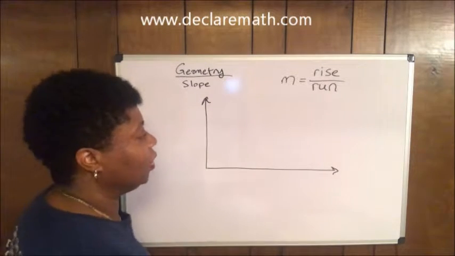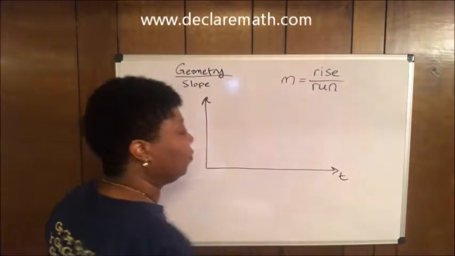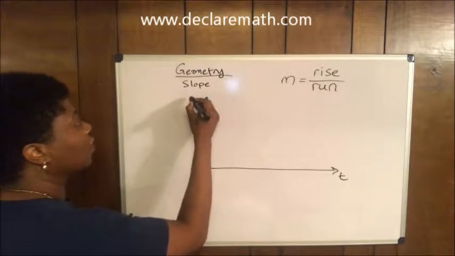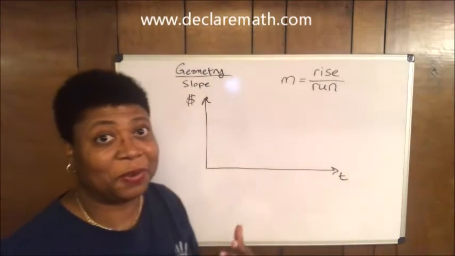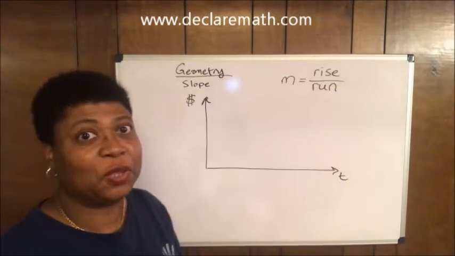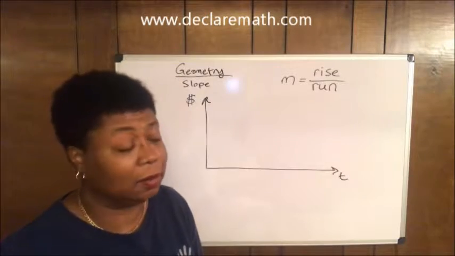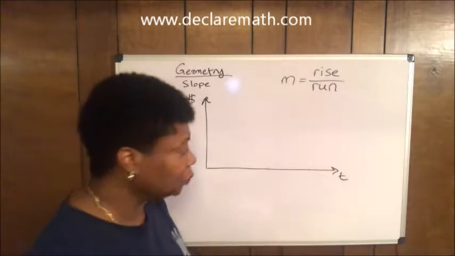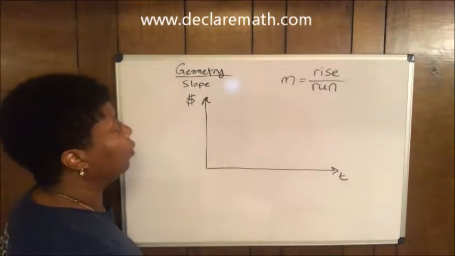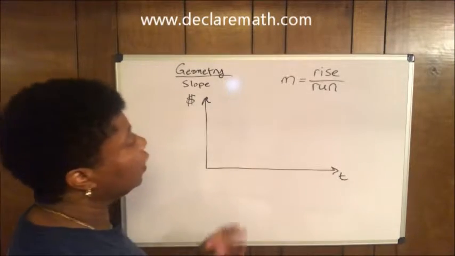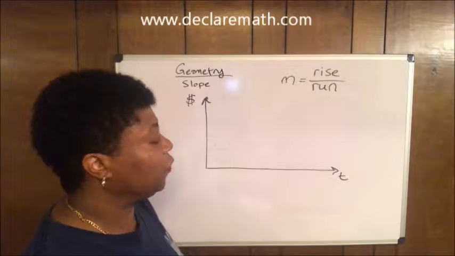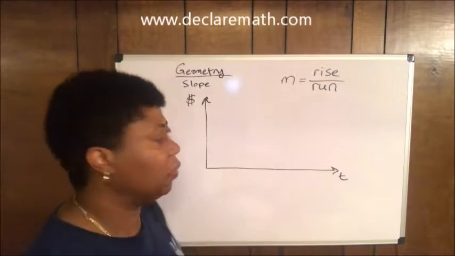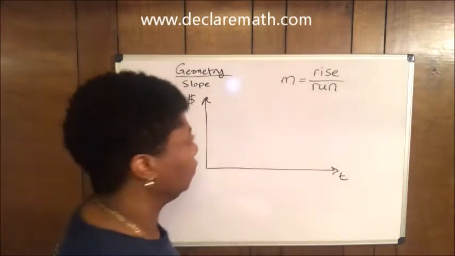Let's call this time, and let's call this money, because we can all relate to when you do and don't have money. So in terms of slope, you can have different types of slope. Let's start off with a positive slope.